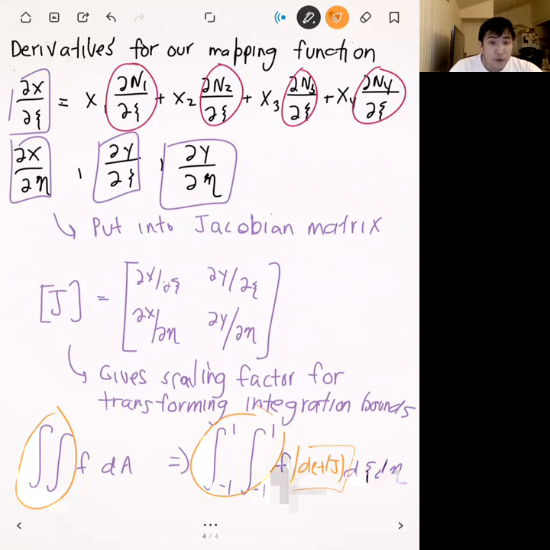And so before I get into further uses of the Jacobian, I want to take a little step back, because at this point we have enough to basically perform Gauss quadrature, okay? Because once we have the integration bounds in this form right here, we can apply our Gauss quadrature to evaluate the integrals. Okay? So this is going to be similar to problem 3D on the homework.